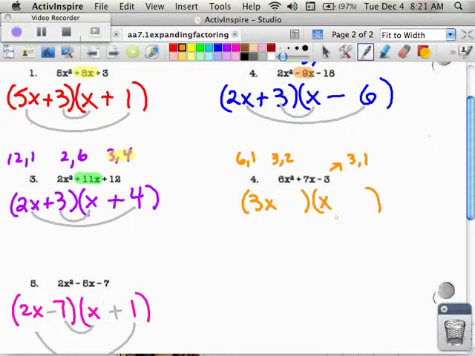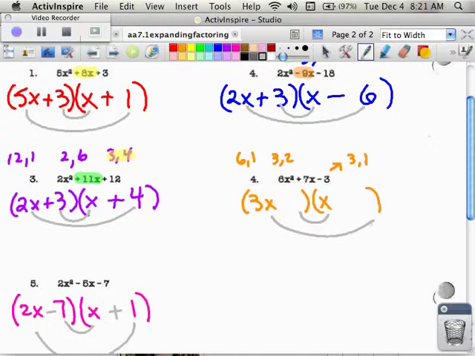And then I know that if I'm going to produce that middle term of 7x, when I write down my information, the 3 and the 1, I need to have the middle things, the inners, and the outers produce 7. But I already actually know that the 3 out of the 3 and the 1 cannot go in the first parentheses because that would have a common factor.